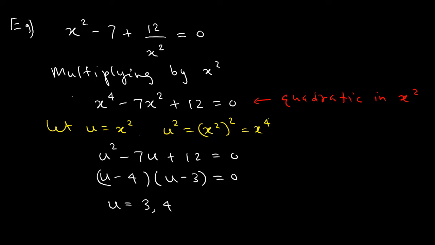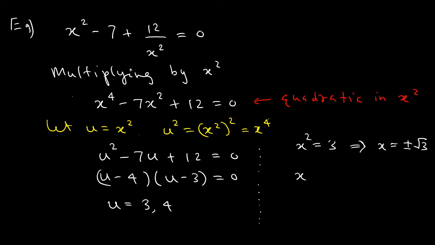Now we're going to set x squared equal to each of them. If you go with the first one, x squared equals 3. This gives you x equals plus or minus square root of 3.